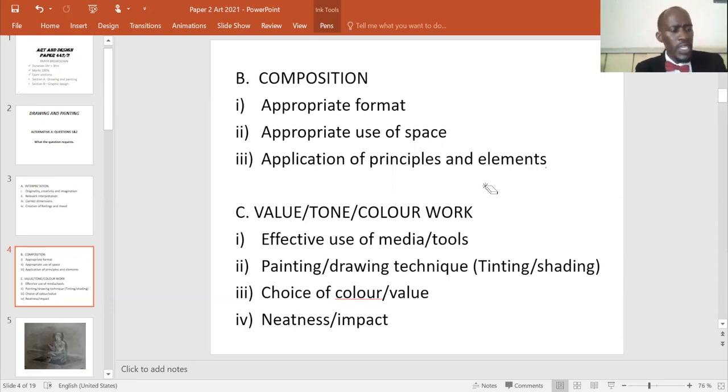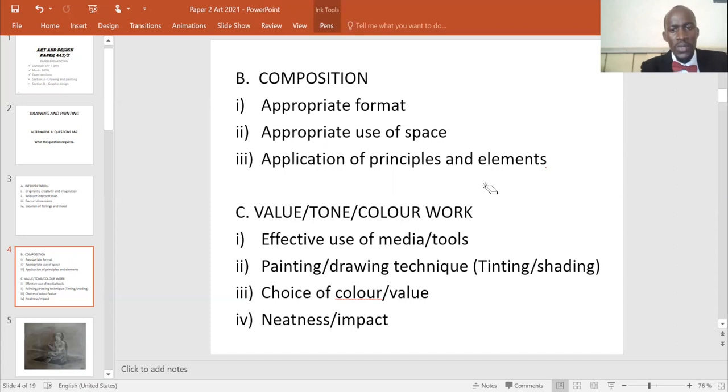Now, how do we expect these to be evident? How do we tell when a candidate is able to create value, tone, and color in their painting or drawing? First, the candidate must be able to understand and effectively use the media or the tools.